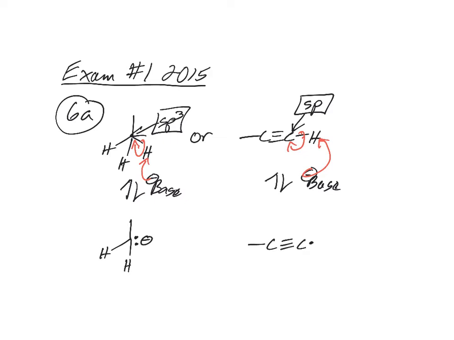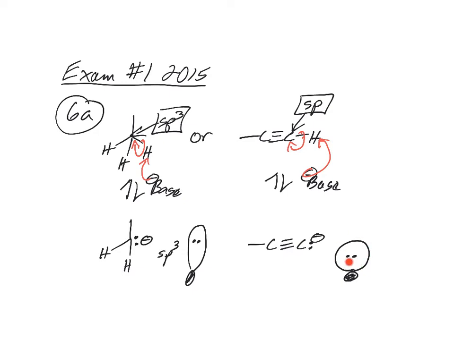For each of these, it's different. So for this one, what hybrid orbital is that lone pair in? It is in an sp3 orbital, which of course is long and skinny. What hybrid orbital is this lone pair in? It's in an sp orbital, which is shorter and rounder.